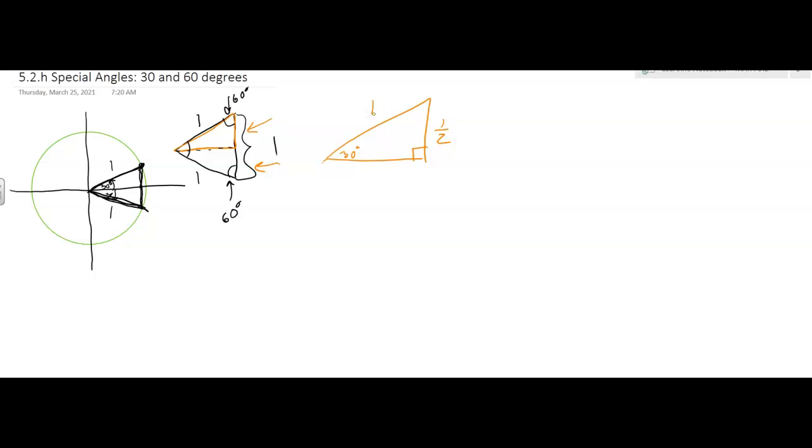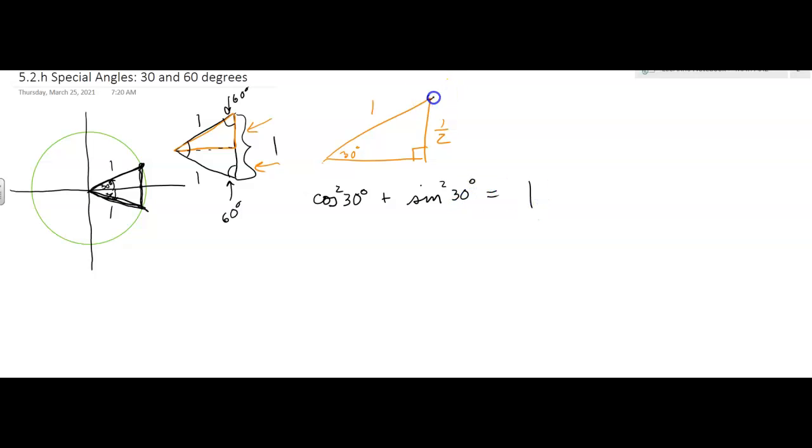Now we're going to use the Pythagorean Theorem, and we're going to say, we can use the identity. So we can say cosine squared of 30 degrees plus sine squared of 30 degrees is equal to 1.